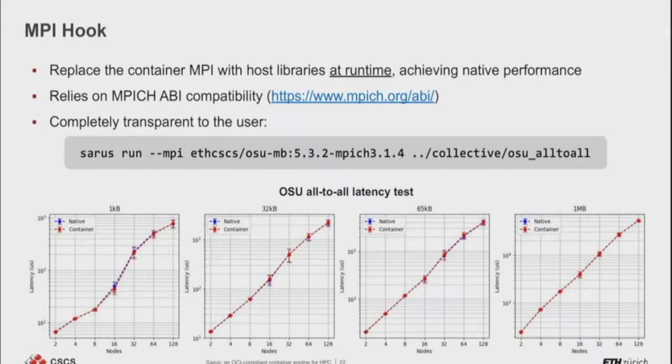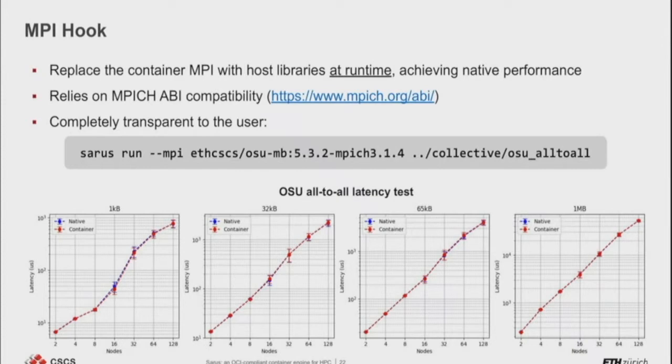This hook is able to replace the container MPI with the host libraries at runtime, allowing your container to achieve native performance. So what happens is that you have a portable container image with a non-specific MPI, and when you fire up the container, this hook will enter the container namespace, pick your host MPI, and put it over the MPI that is already in the image.